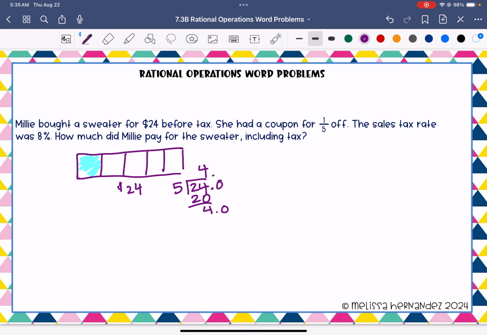I added a decimal 0 because I couldn't keep going. Something you were taught, I don't know, 4th or 5th grade. So 4.80 is what she gets to take off with her coupon. So we'll line up our decimals.